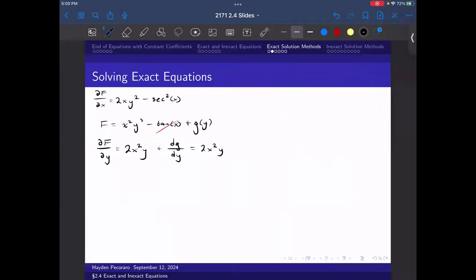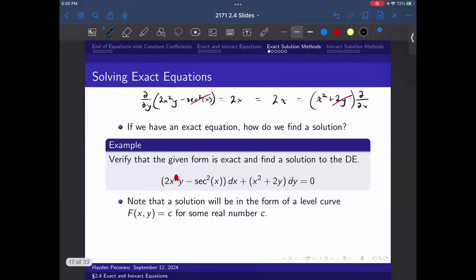Did I do that right? What did I do wrong? X squared plus 2y.